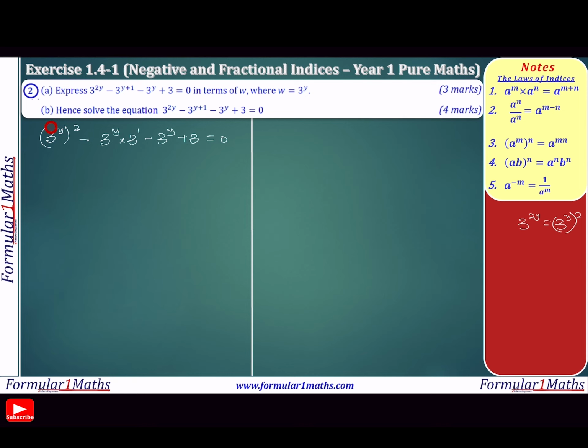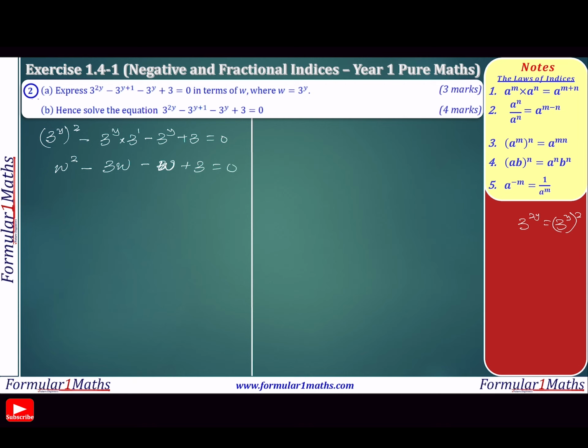And because this 3 to the power y is w, we can replace each of them by w, and then we get w squared minus 3w, because 3 to the power 1 is 3, minus w plus 3 equals 0.